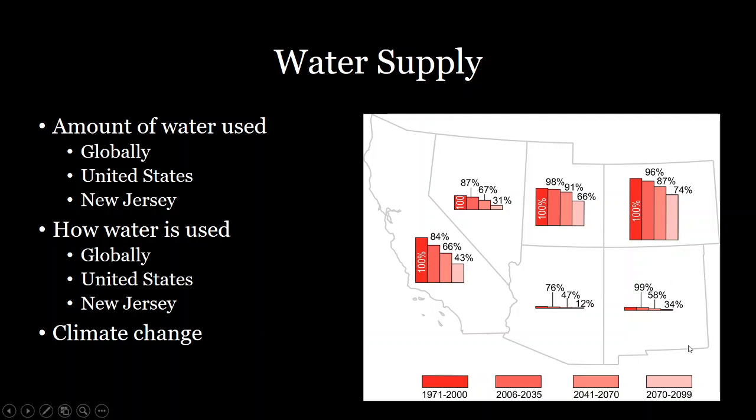And other states are even worse, down to 12% of their current water supply. So you can only imagine how dramatic life would have to change and policies have to change in order to accommodate a growing population that also has water supplies being cut in half or sometimes a fifth of what they were.